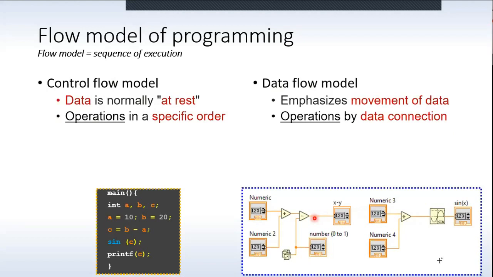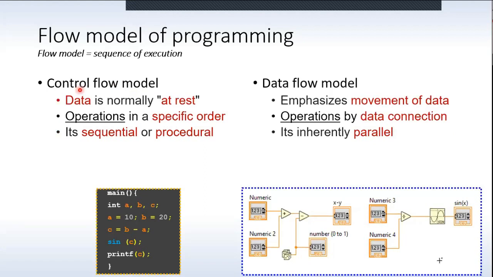So with the control flow model, where we decide what the sequence should be, it is very sequential. We decide the procedure and it will occur. But here we can do it in parallel. For example, I have these two things, here one thing and here one thing.